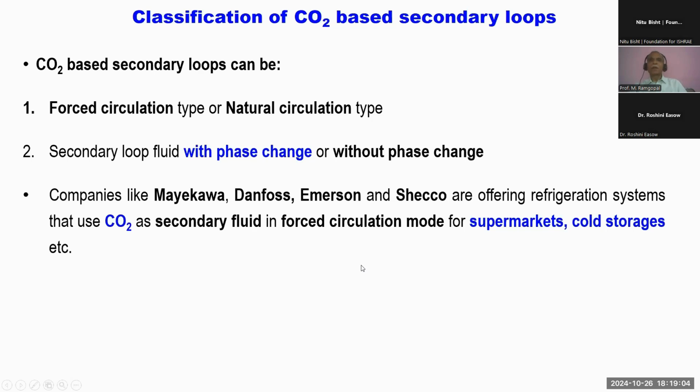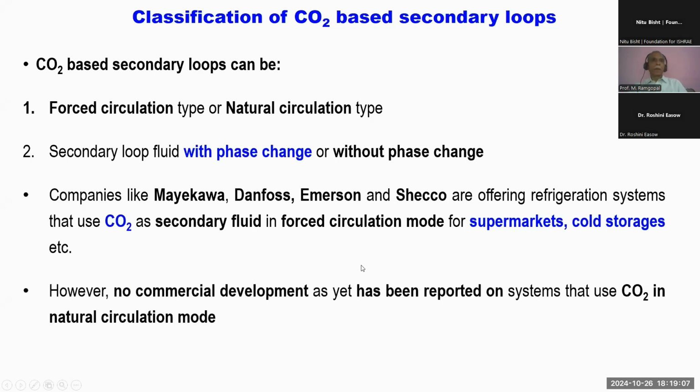That means using a pump. However, as far as I know, there are no commercial systems where CO2 is used in natural circulation mode. So this is what makes it interesting, and this is the major research gap that needs to be addressed.